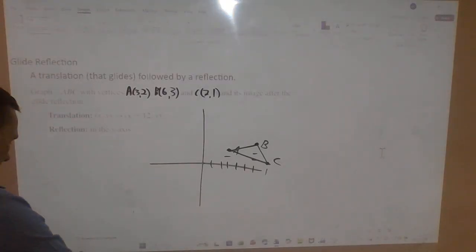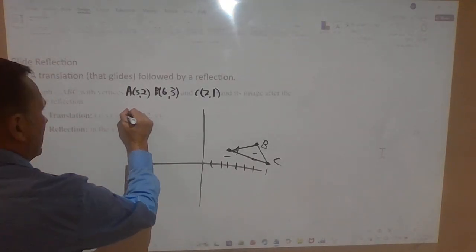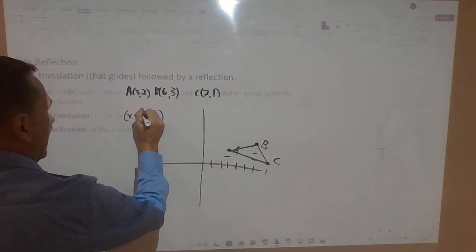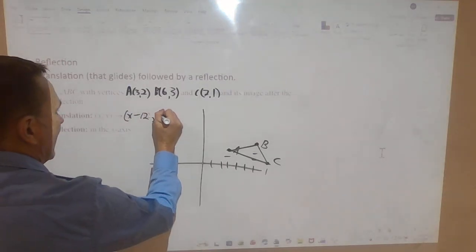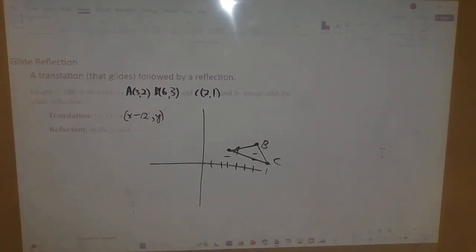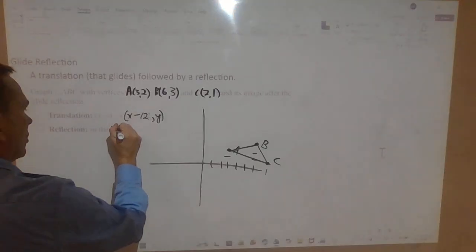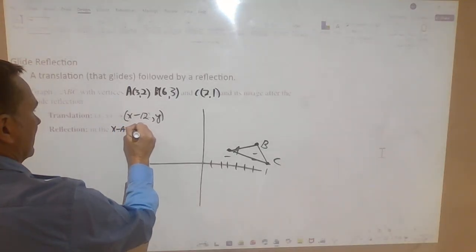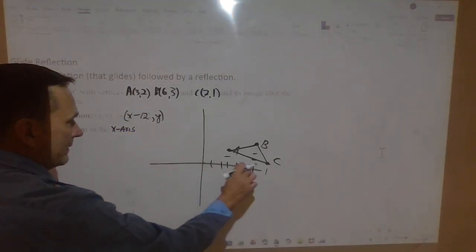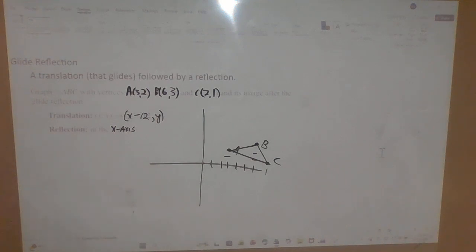Now it's telling us our translation. Here's our rule: (x - 12, y). And it's going to reflect across the x-axis. Because we have two transformations here, a translation and a reflection, we want to show both movements.